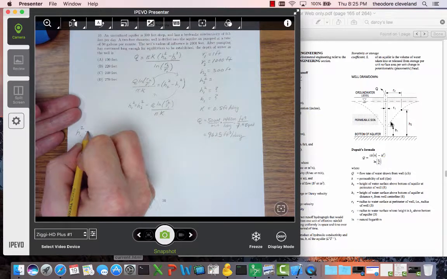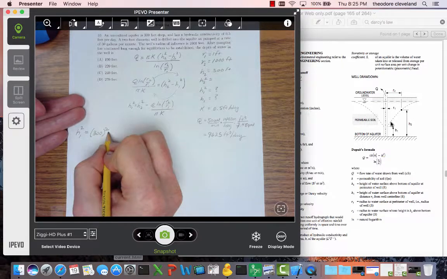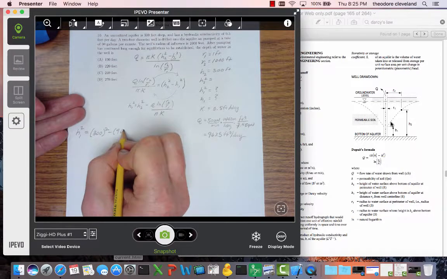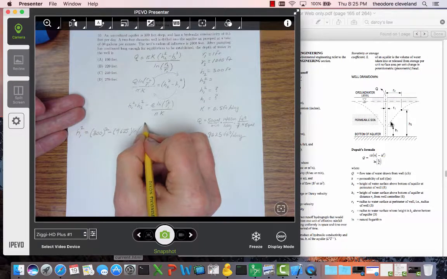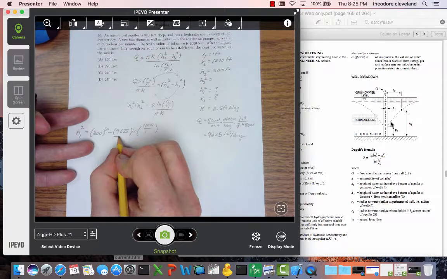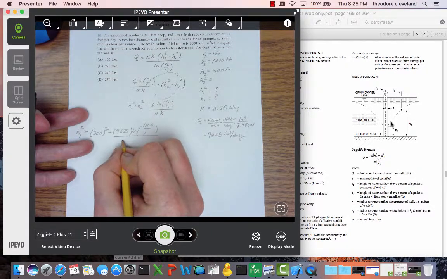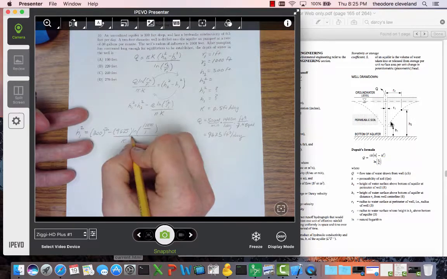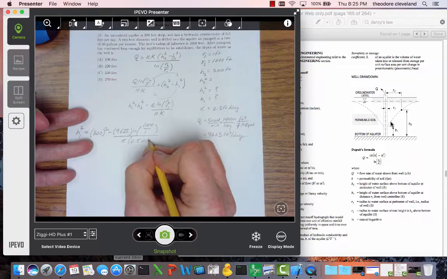So H1 squared is equal to 300 squared minus 9625 times the natural log of 1,000 over 1 divided by pi times 0.5 feet per day.